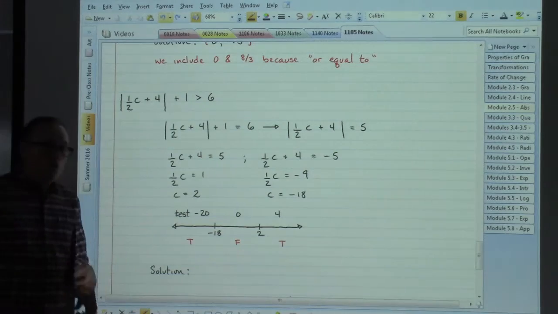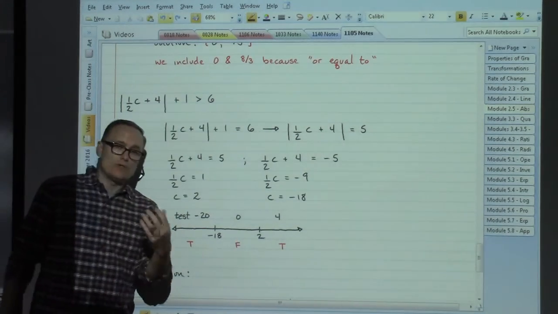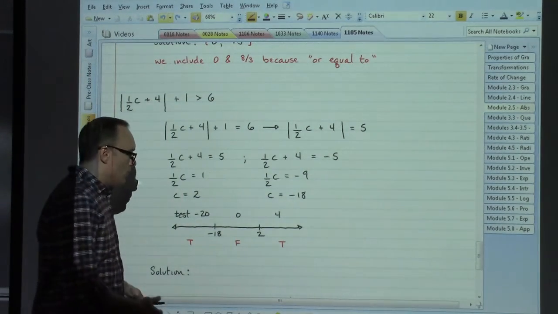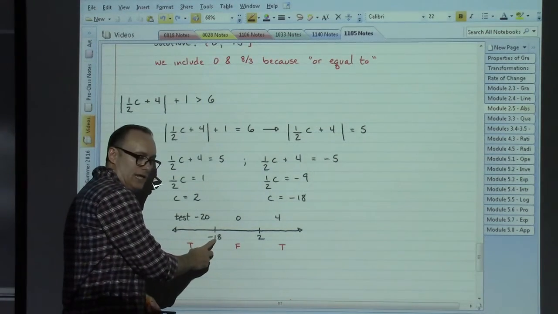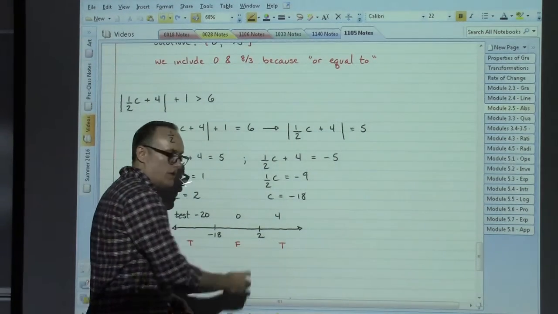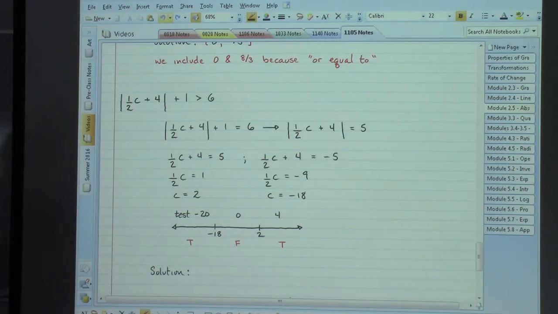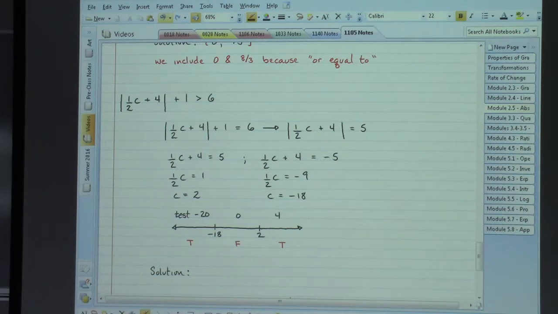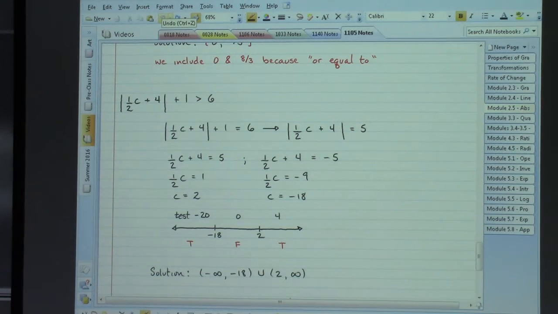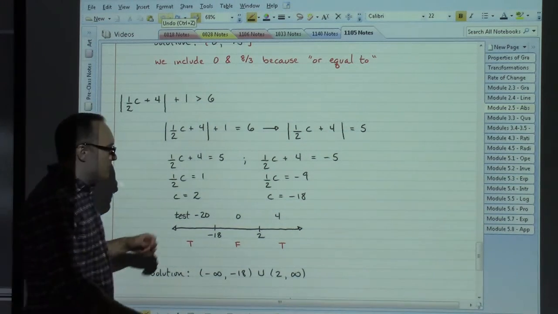Going on there. We want to pick the stuff that is going to be marked true. We would want to also know, do we omit or include the negative 18? Do we omit or include the 2? Our original inequality symbol is what's going to control how that works for the negative 18 and the positive 2.